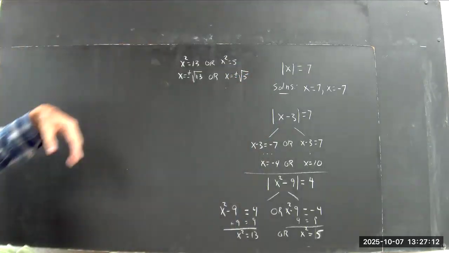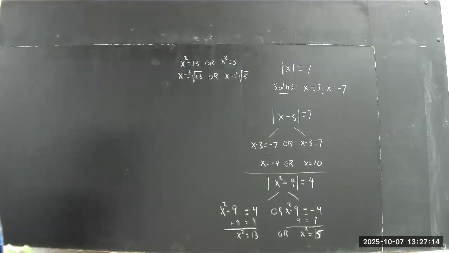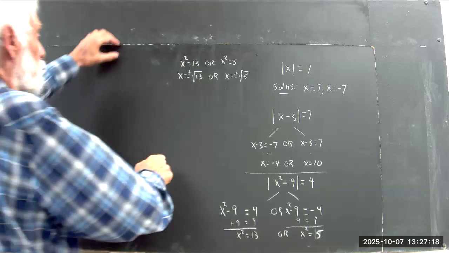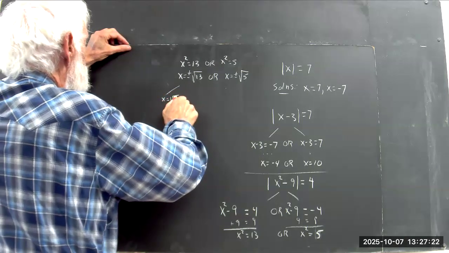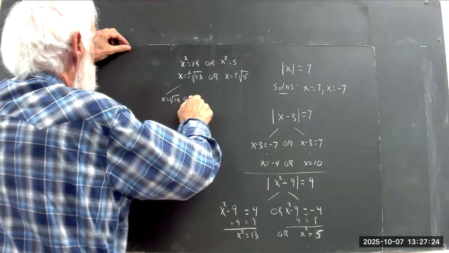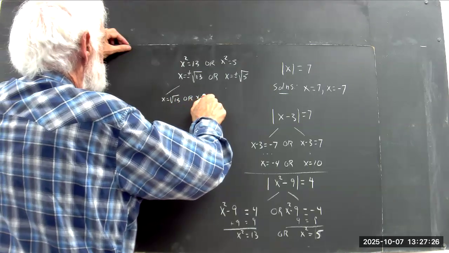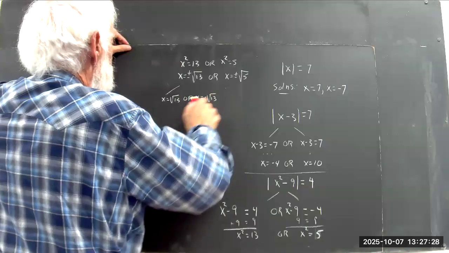And x equals plus or minus the square root of 5. Now that plus or minus really means two things. It means x could equal the square root of 13 or x equals negative square root of 13.